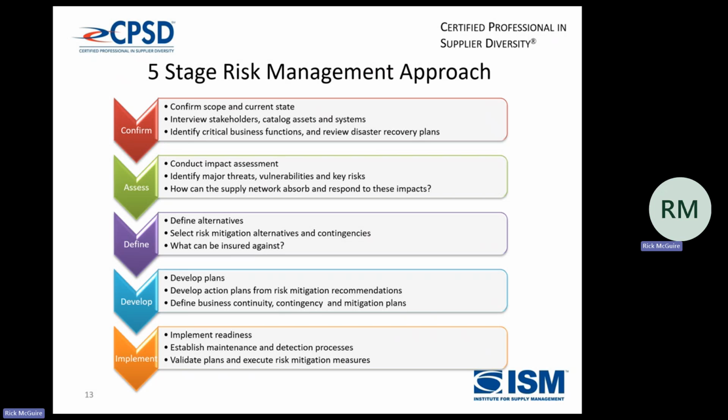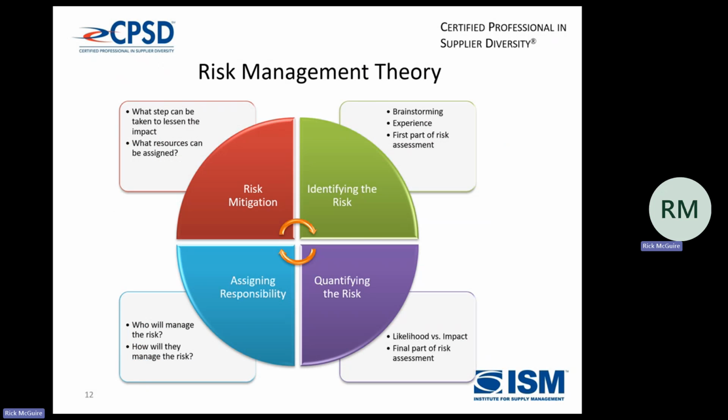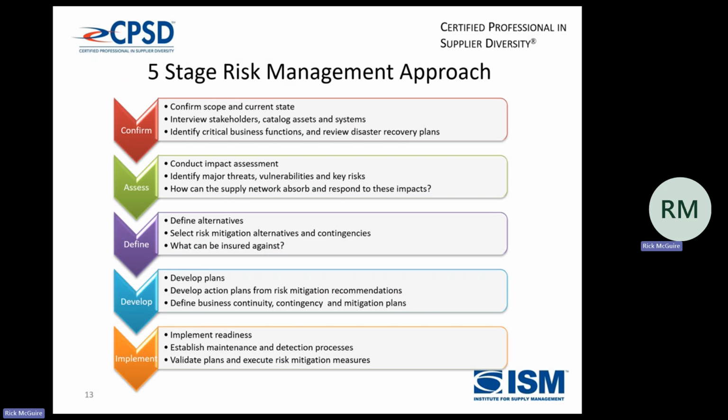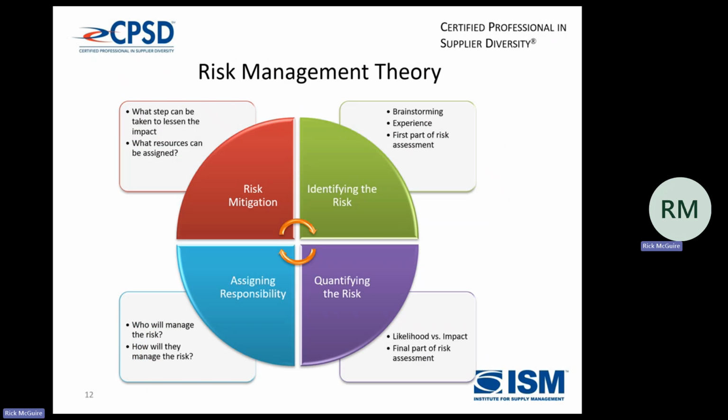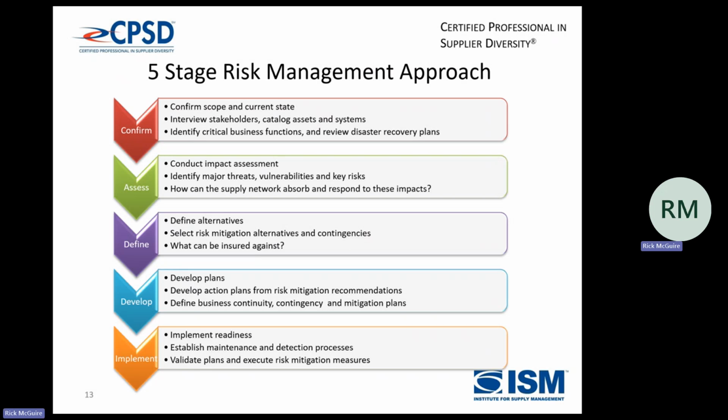And then define alternatives. So this assess is really kind of quantifying the risk. And then define alternatives like risk mitigation and what can be insured against. And then develop plans for risk mitigation, define business continuity. So define and develop are kind of the assigning and risk mitigation. And then you implement.